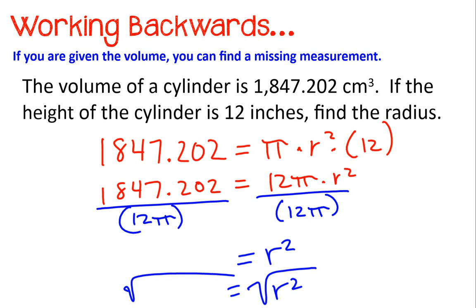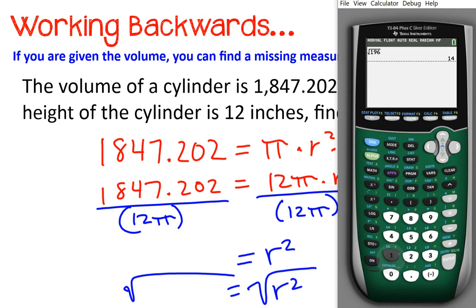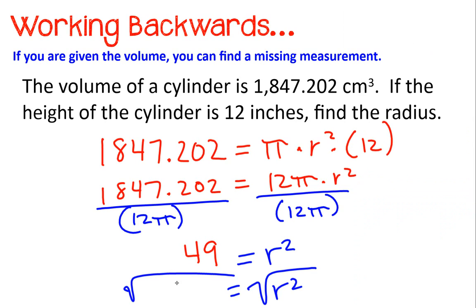So let's go get that number. 1847.202 divided by parentheses 12 times pi. 48.999, I'm going to go with 49. So if I take the square root of 49, that leaves me with 7 centimeters.